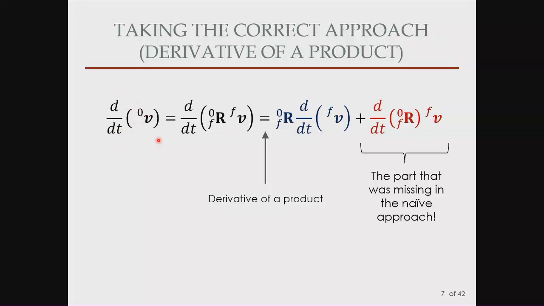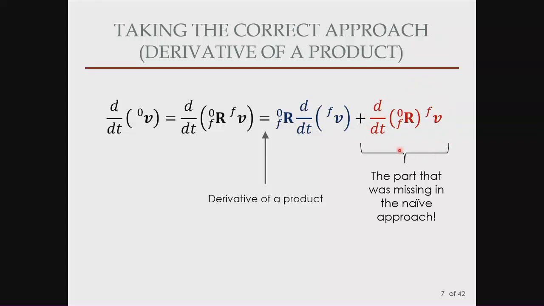All right. Now, in order to open the brackets here correctly, take the derivative correctly, I need to apply the rule of derivative of a product, right? So it would be this rotation matrix times the derivative of the vector, plus the derivative of the rotation matrix times the vector. And this part is what we didn't do.